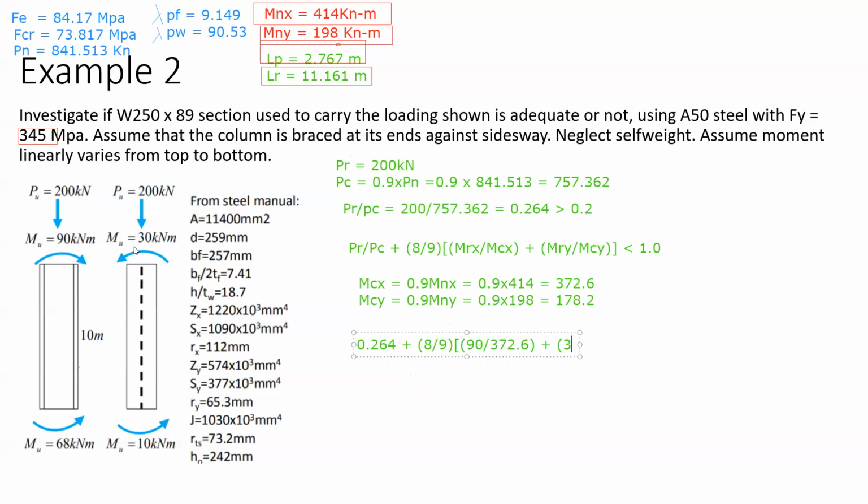So that is 30 divided by MCY, 178.2. There you go. That gives 0.628, our final answer for checking the axial and bending, and it's less than 1.0, therefore it is safe. Okay?